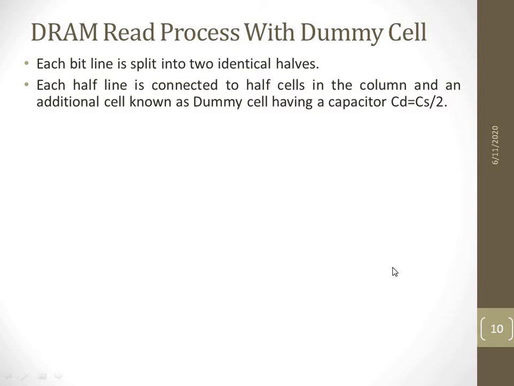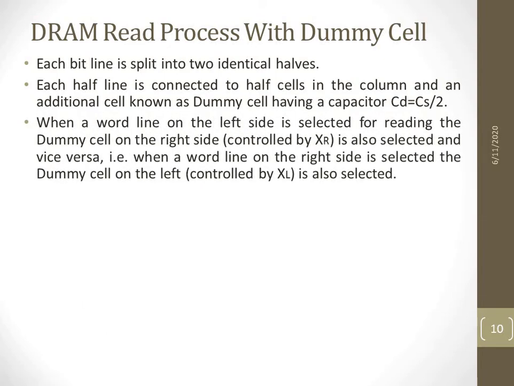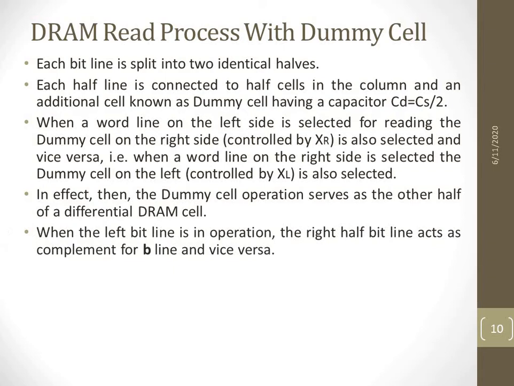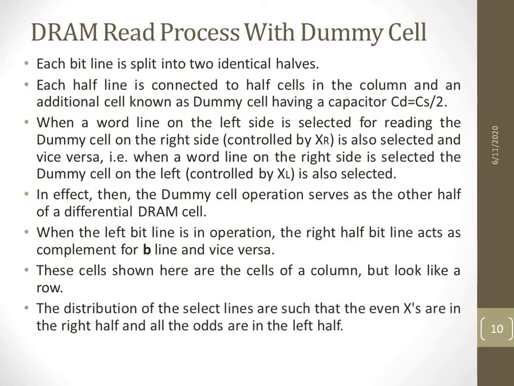The dummy cell on the left is controlled by the word line of the other side, and vice versa. The dummy cell serves as the reference for the bit line.